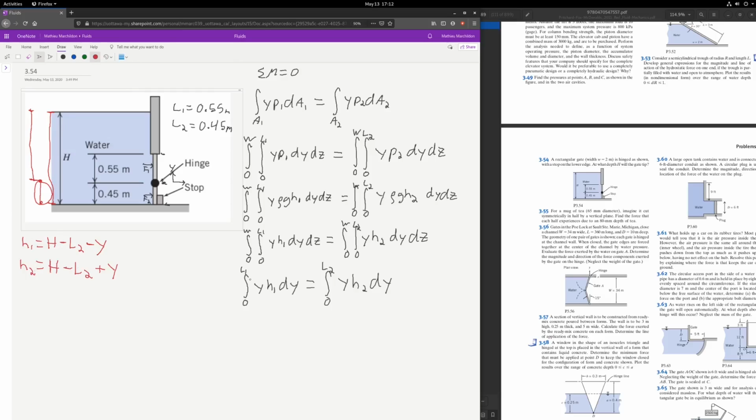Now that we have these two defined, we can put them into the general equation right here.